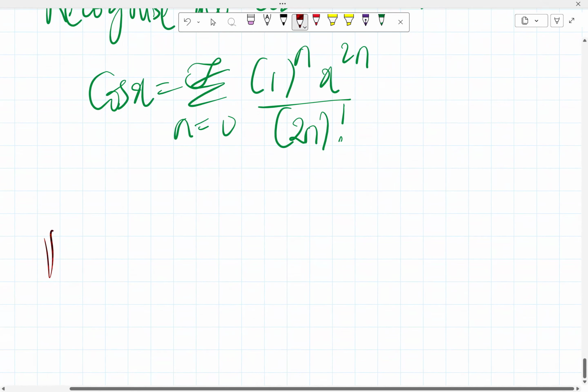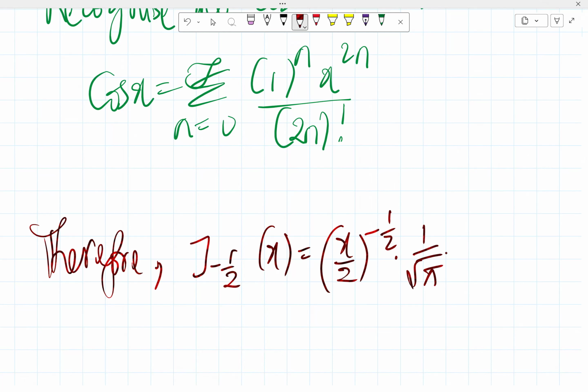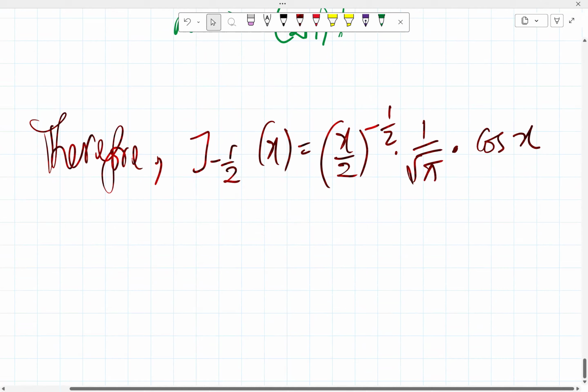Therefore, we can say that J sub minus half of x is x over 2 raised by minus 1 over 2, then all of that multiplied by 1 over root pi times cos x. Of course, we can simplify this.